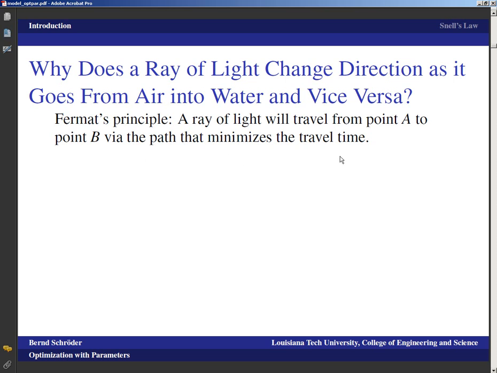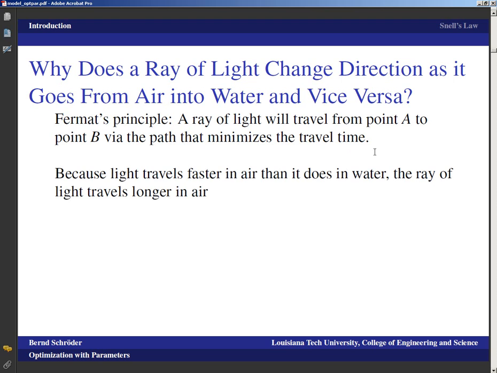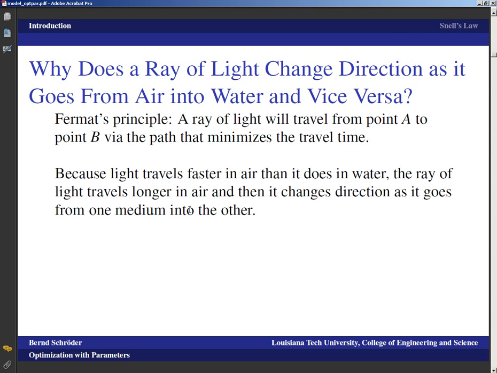This is something that has been verified physically, and so the other thing that has been verified is that light travels faster in air than it travels in water, and that would mean that you would travel longer in air before you switch into the water to get actually to point A, to point B, which is under the waterline maybe, and that means it must change direction as it goes from one medium into the other, because if it travels longer in one than in the other, then the light ray no longer goes in a straight line from one point to the other.